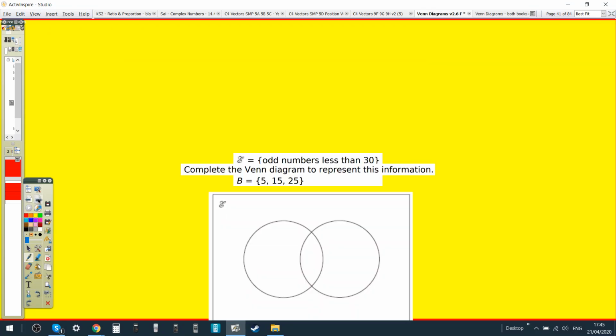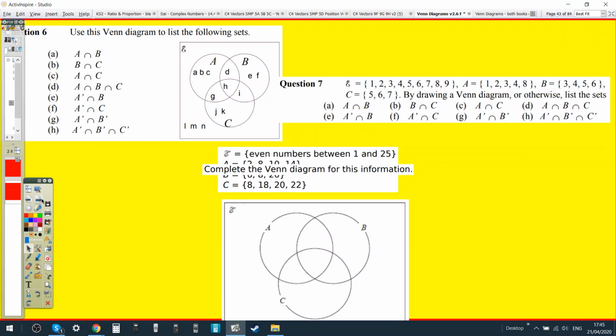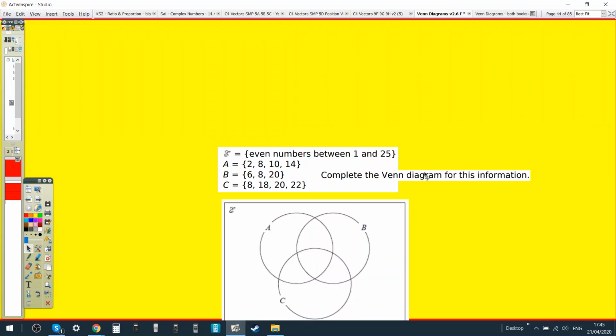Great, that's good. Let's see. I think this is going to be the same thing. I think that's going to be okay. And then this time we'll try this one, I think. Okay, how about this one?